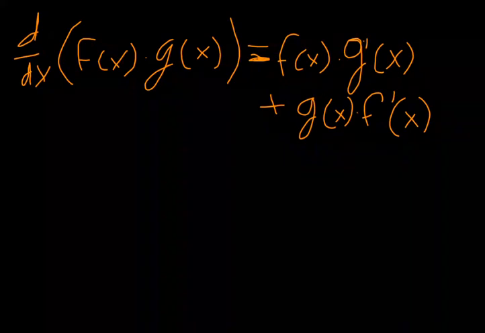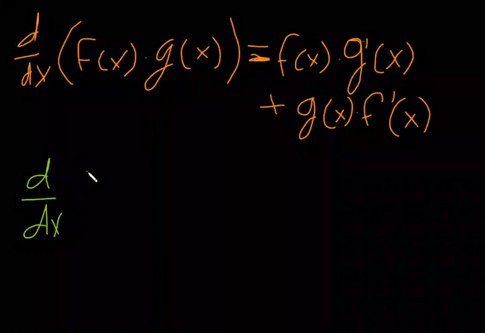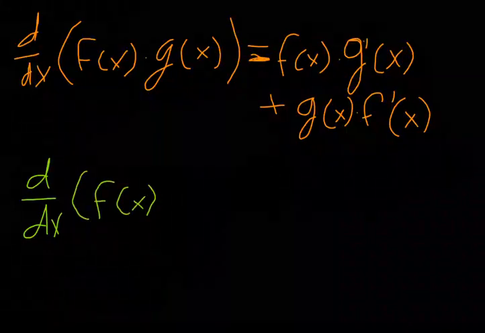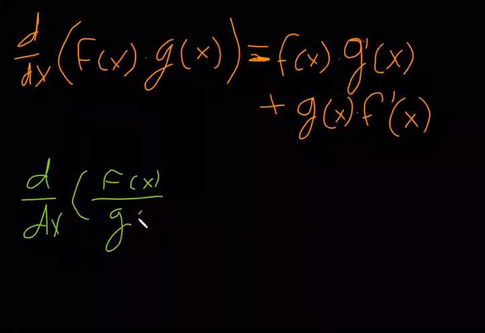All right, so now we have the quotient rule. And now you might wonder why we need a separate product and quotient rule, because if we're dividing, right, if we have d/dx of f of x over g of x, right?